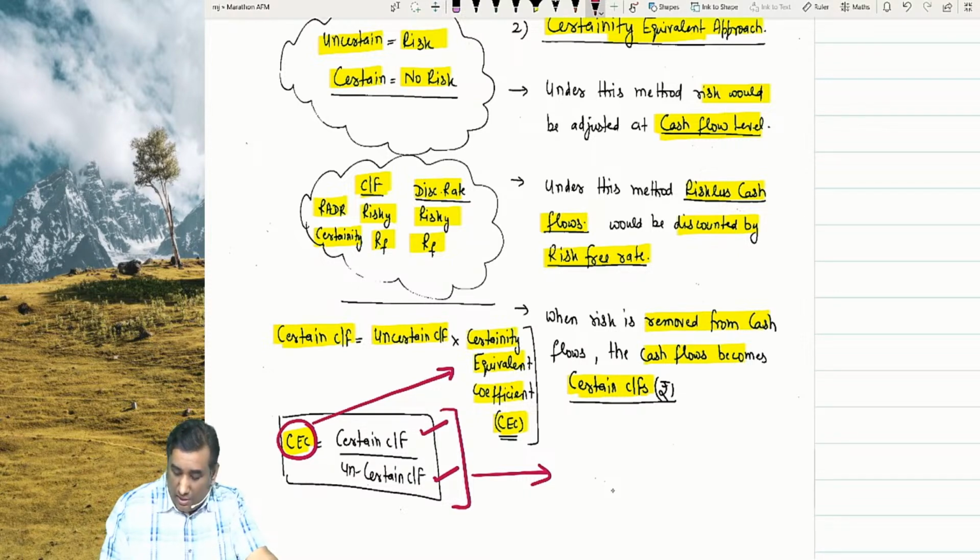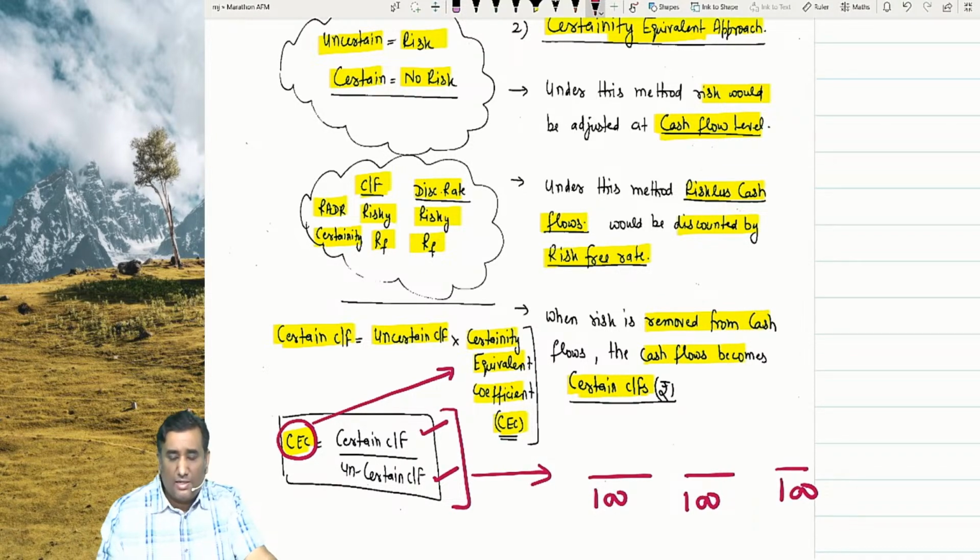Uncertain cash flow is 100 lakh. Uncertain means risky, na? First project says 90% certain. Second says 80 certain. Third says 70 certain. Can you find the CEC? How much will come?